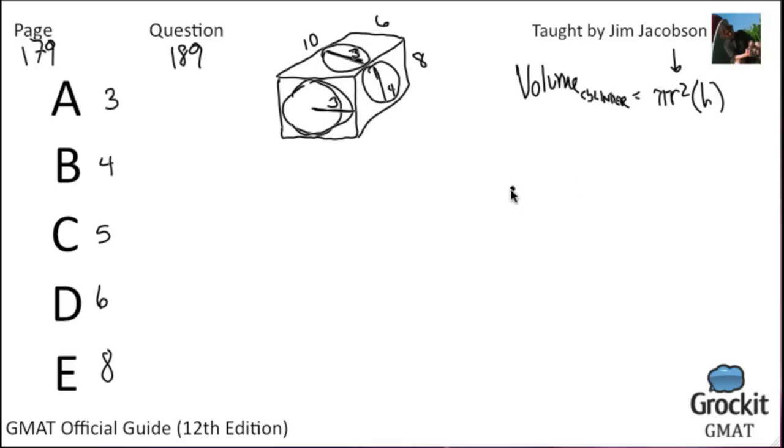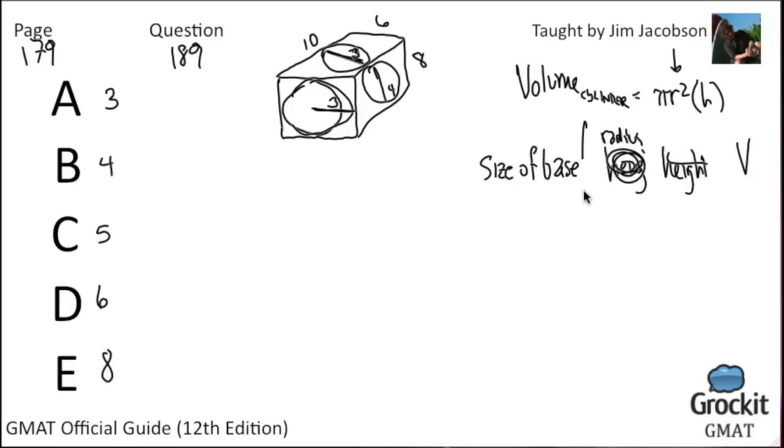So we just make a chart to make sure we get it right. We have the size of the base, the radius, the height, and then the volume.